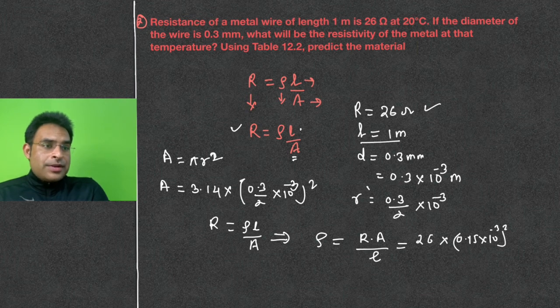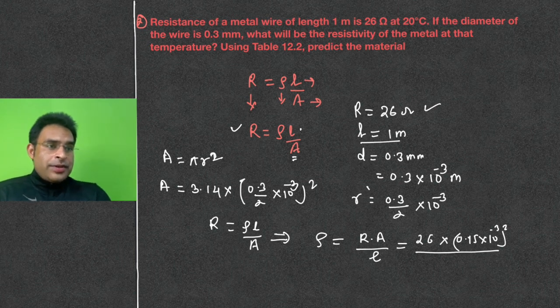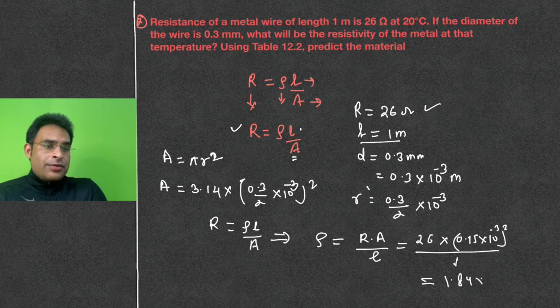If we solve this and divide by L, which is in meters, so if I divide by 1 and solve the whole thing, I'll get 1.84 into 10 raised to power minus 6. That is the resistivity.